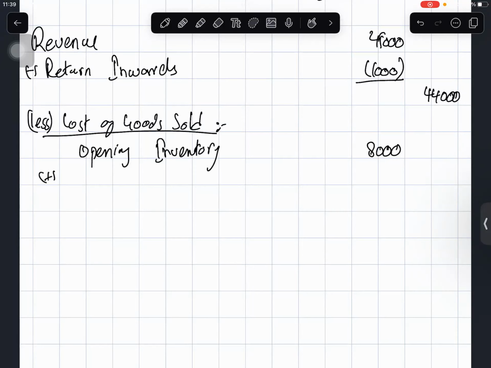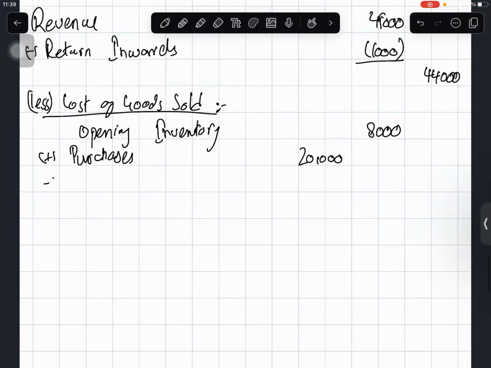When we add to that purchases, which are 20,000, but as we also have purchases returns, we will write this in the first column. Then we subtract purchases returns or return outwards. Both of them mean the same thing, which are 3,000.